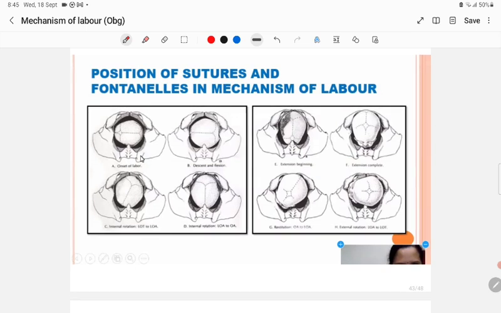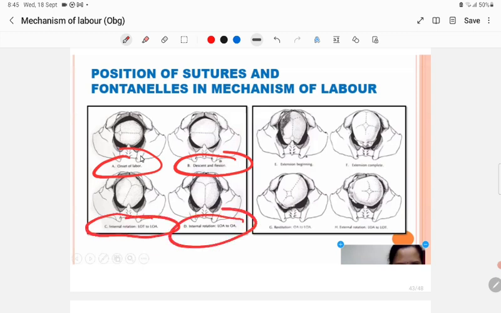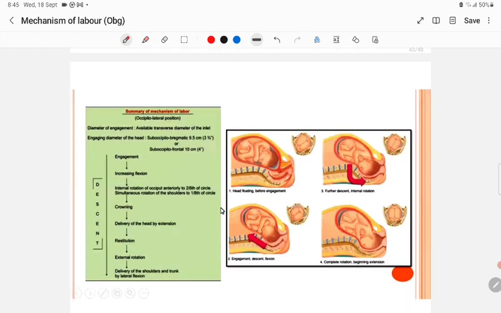The position of the suture: this is the onset of labor, LOT position, descent and flexion, and the internal rotation LOT to LOA, direct occipito-anterior, extension beginning, extension complete, then restitution happens, LOA position, then LOT. Okay. The summary of the mechanism of labor in occipito-transverse position: the diameter of engagement is the transverse diameter of the pelvic inlet, and the engaging diameter of the fetal head is suboccipitobregmatic, that is 9.5 centimeters, or suboccipitofrontal, 10 centimeters.